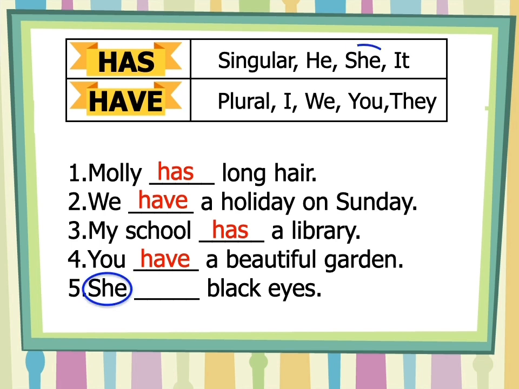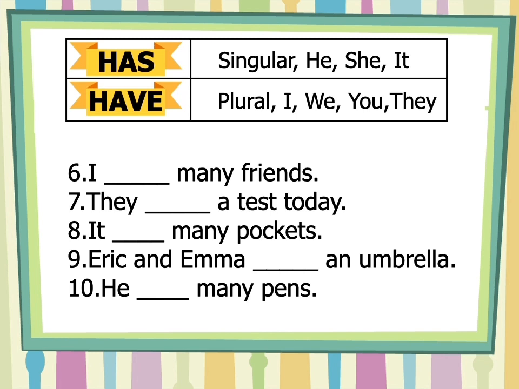So with, she, we will use, has. She has black eyes. Next is, I dash many friends. In this sentence we can see the word, I. So with, I, we will use, have. I have many friends.